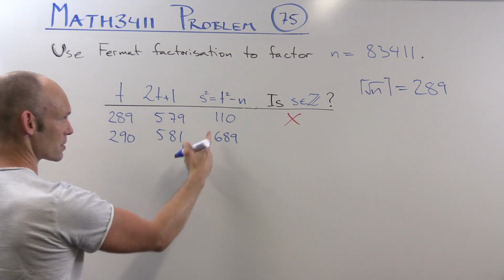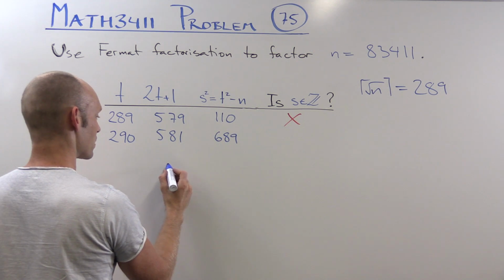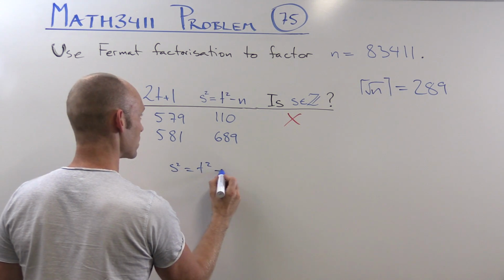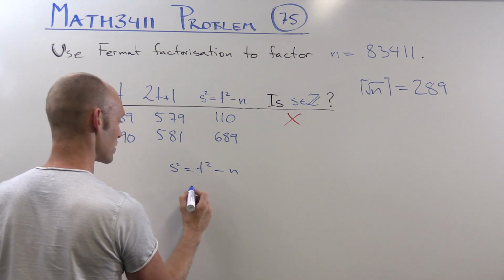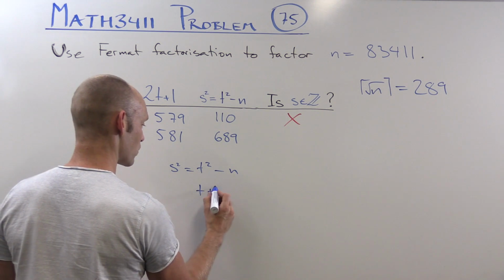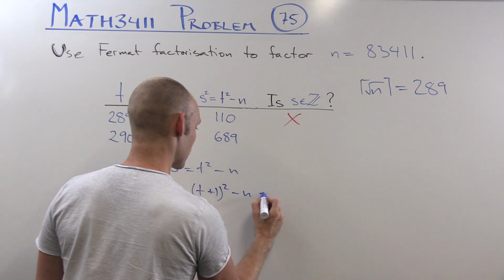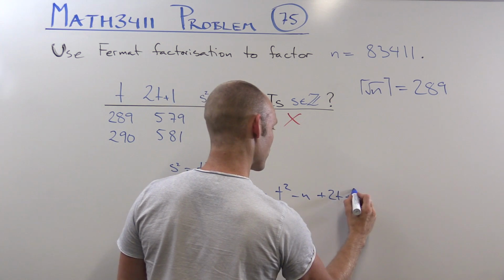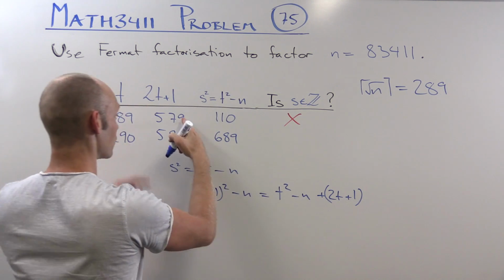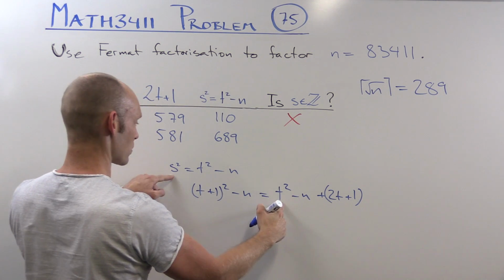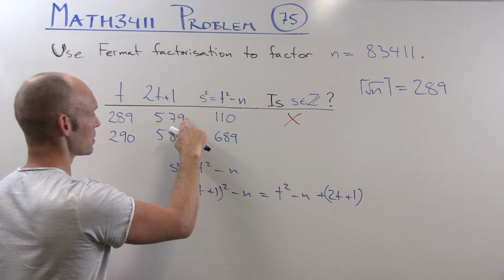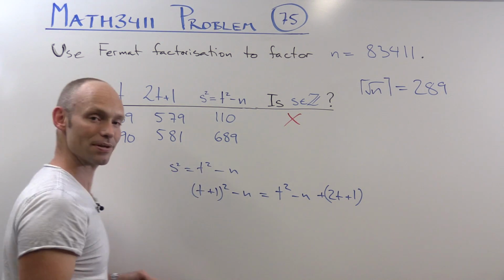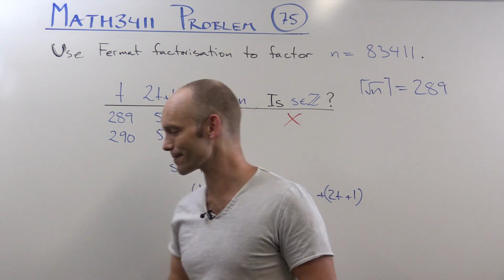The reason we just add this number is that if we have s squared being equal to t squared minus n, then (t plus 1) squared minus n is equal to t squared minus n plus 2t plus 1. So that's exactly that term there, and this was our original s squared term. So we take this number and this number, add them together, and you get the next number here. So these calculations are all very efficient.